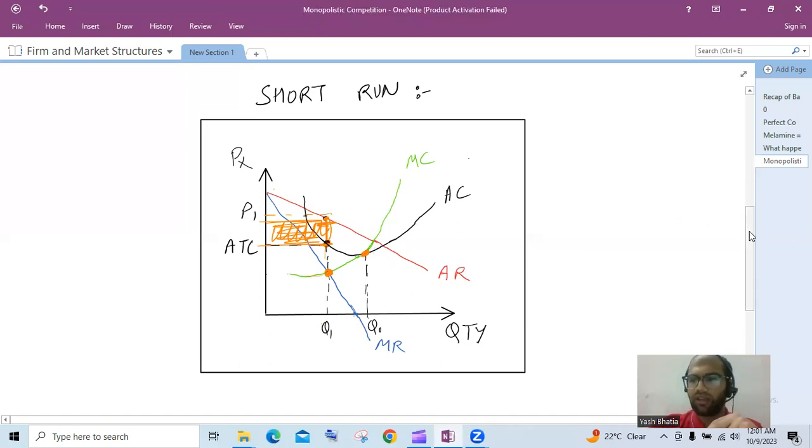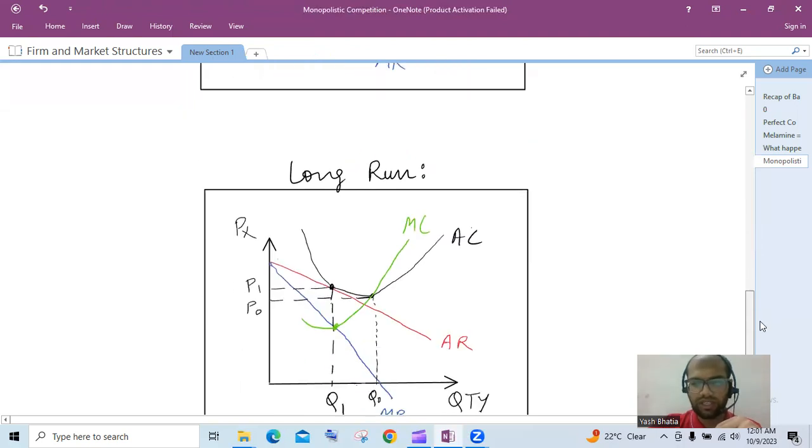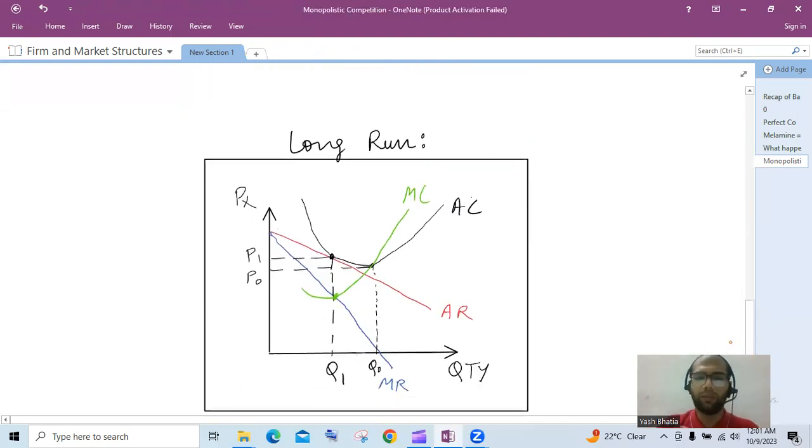At that point, you can see here, your demand curve falls in the long run, and the AR curve will touch the AC curve here. This is the point where every firm is achieving normal profits. AR minus AC is zero.